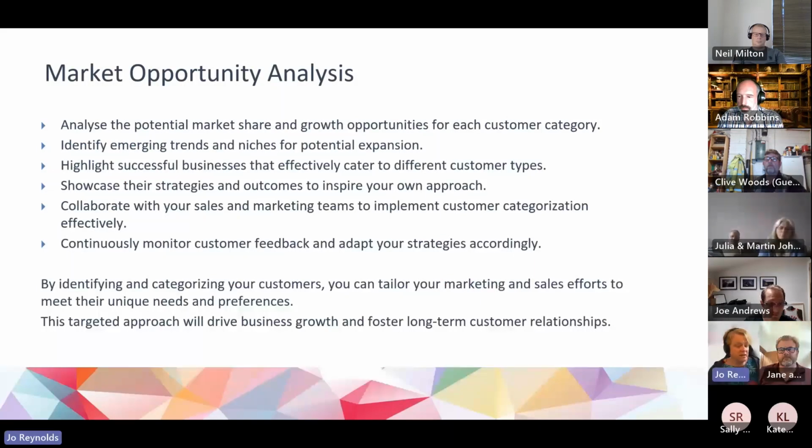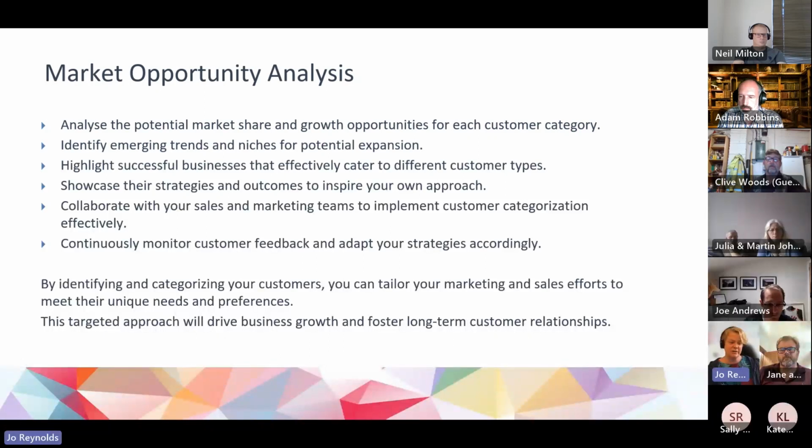So you analyse the potential market share and the growth opportunities for each customer category, so B2B, B2C, B2G, etc. You identify emerging trends and you identify where there's niches for potential expansion. So Clive, what you're making, I would say falls into that category, absolutely, that there's a niche there that you are looking at fixing. So you'll have done this, you just might not have done it formally.